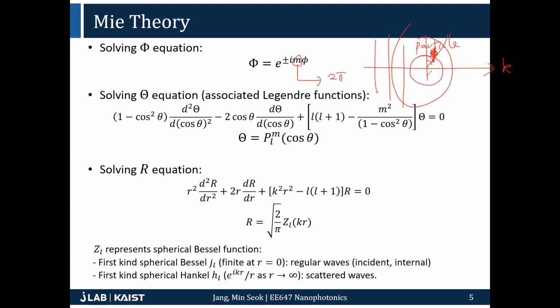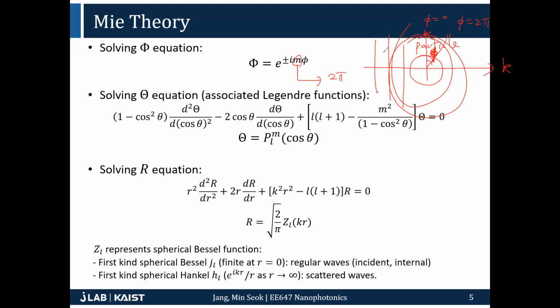The sphere has exactly the same shape even though you rotate with respect to the propagation direction. Also, if your wave is defined at phi equals 0 and phi equals 2 pi, it is actually at exactly the same position, right?